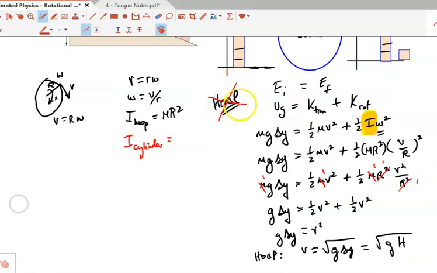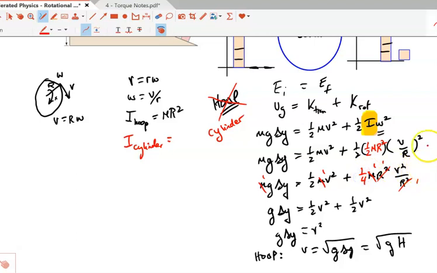So if we change the hoop to a cylinder, we are basically repeating this whole solution. Where I saw mr squared, that's now going to be 1/2 mr squared. So now we will not have a half here. We will have a quarter there.